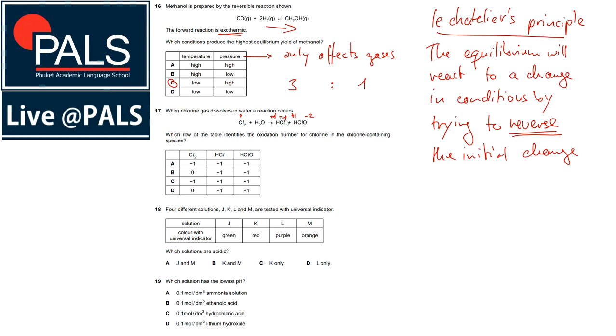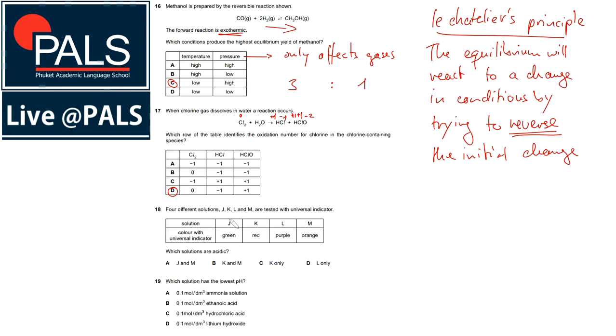And therefore, to make this 0, +1 -2, we need one more plus. So therefore, in this molecule, chlorine is +1. So these are our oxidation states: 0 in Cl2, -1 in HCl, and +1 in HClO. So therefore, D is the correct answer.